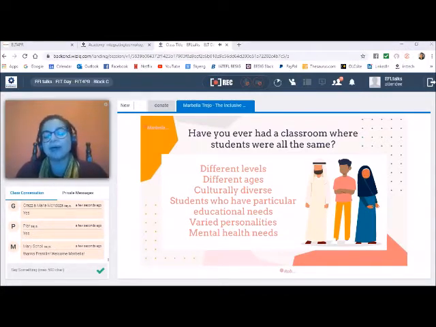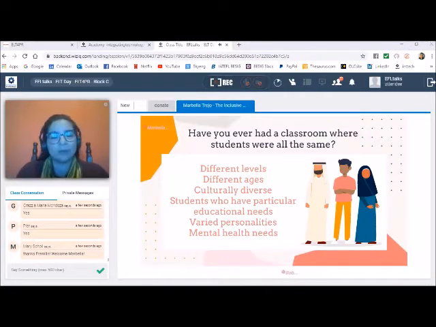We might have students who have varied personalities. Sometimes certain students will identify as introverts versus extroverts. We also could have students that have mental health needs, students who have anxiety, or that are going through depression or bipolar disorder. These are important things to have in mind, and each group will bring particular needs to the table.